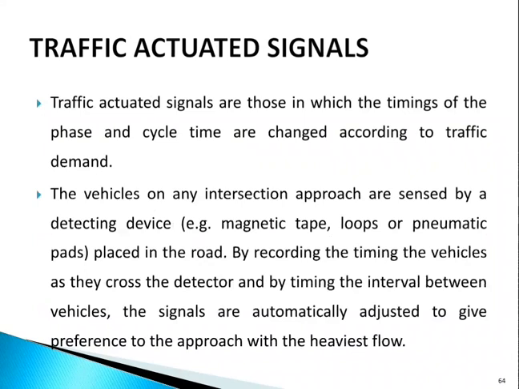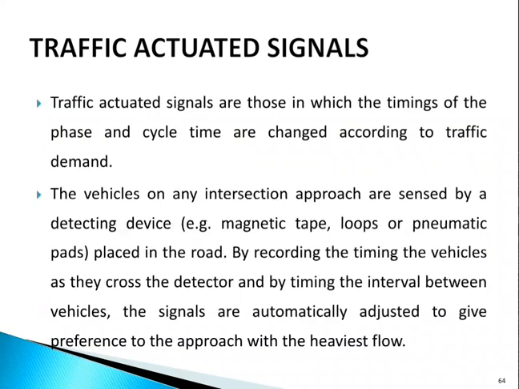Next is traffic actuated signals, or say vehicle actuated signals. Traffic actuated signals are those in which the timings of the phase and cycle time are changed according to the traffic demand.